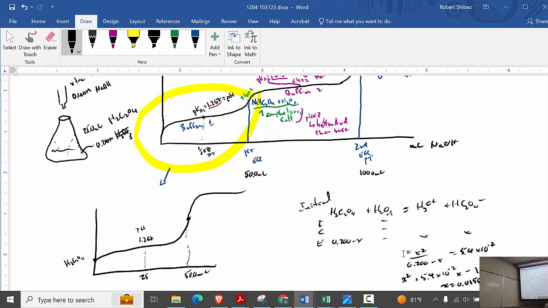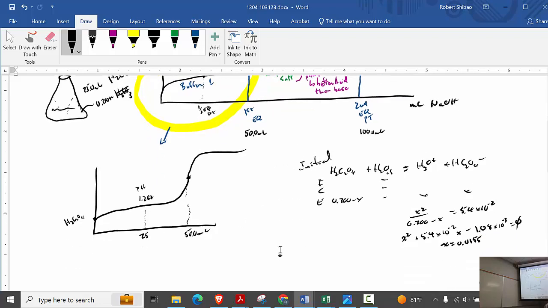Now, what I mean by you have to be careful is this. What if x came out to 0.2? Then it's likely something's wrong, likely because of round off, because if it comes out to 0.2, it's going to give you 0 for oxalic acid.